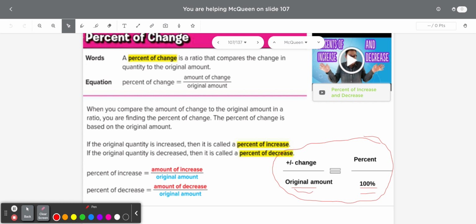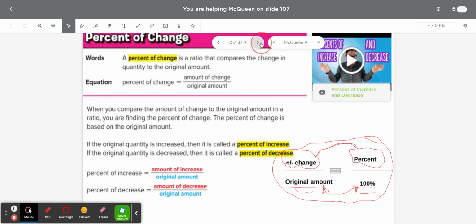Percent also is on the bottom, because if we started with 100%, we would start with the original amount that we had. And so that makes sense that those two would be across from each other. How much something changed will go up here, and then that will equal the percent that it changed. And so those two items are identical as well.